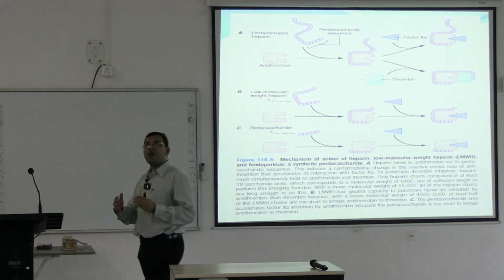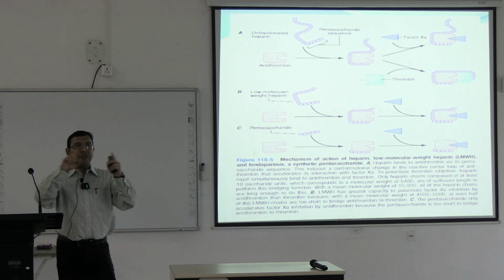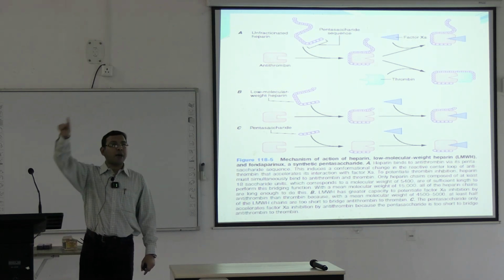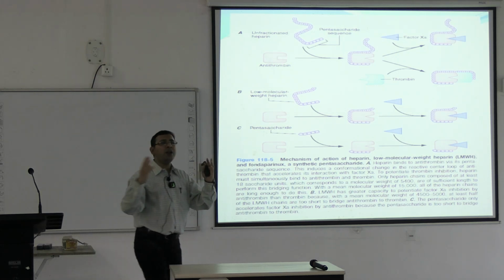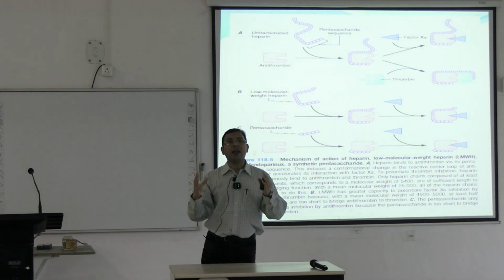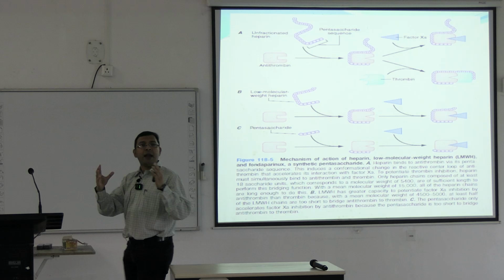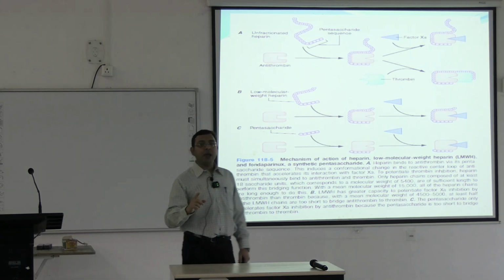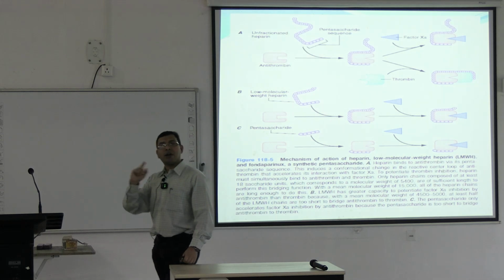And since this unfractionated heparin molecule is very large, it provides a long scaffolding. Within this there will be very accelerated interactions between the thrombin and antithrombin. So unfractionated heparin blocks both factor 10A as well as the thrombin or factor 2A.